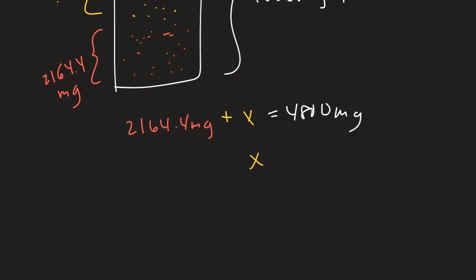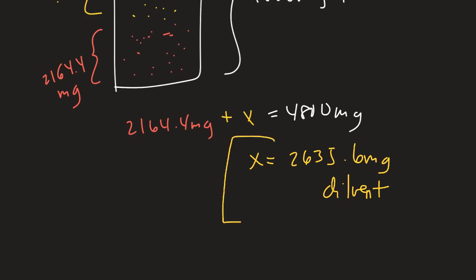Solving for X gives you 2635.6 milligrams of diluent. So you would need a total of 2635.6 mg for diluent.